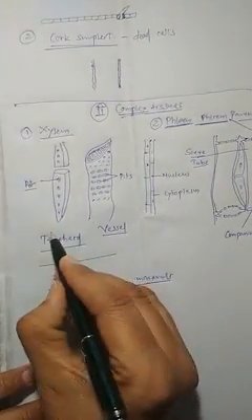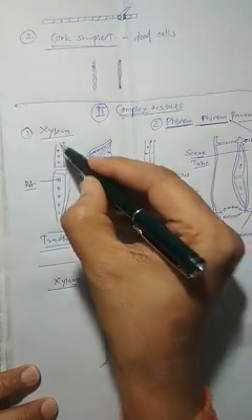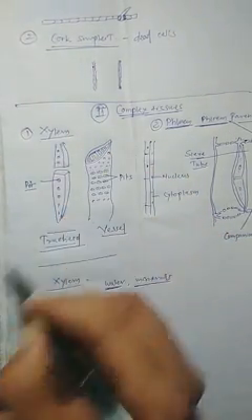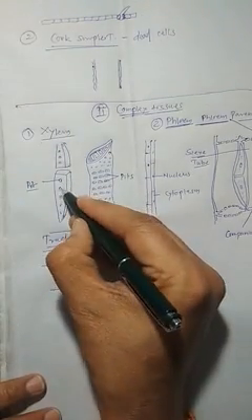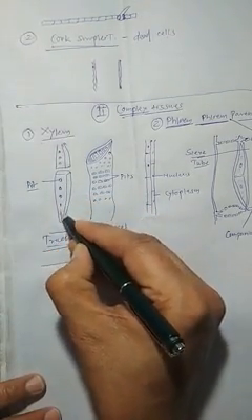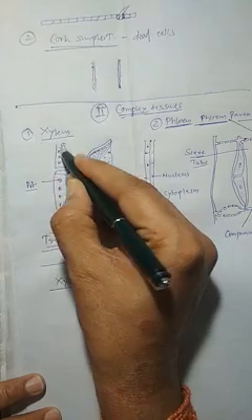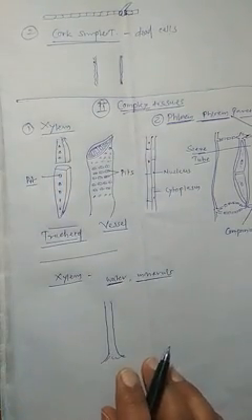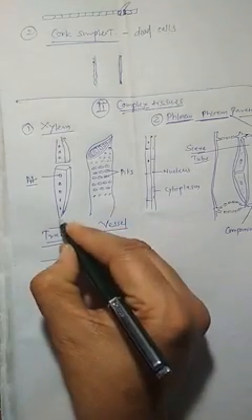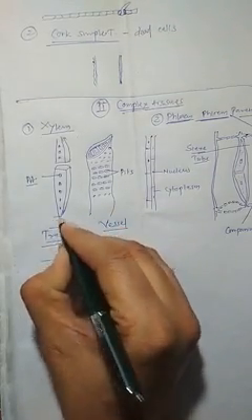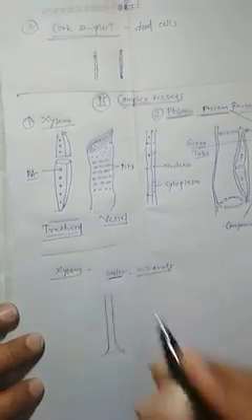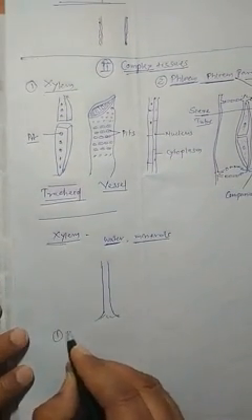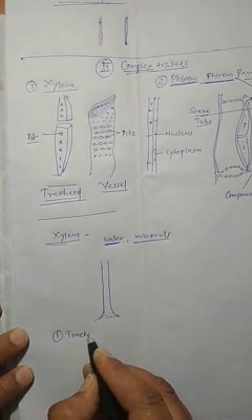Number one, tracheids. Tracheids are tapered at the ends. Pits are present between them. These are dead cells. You can write here number 1, tracheids.